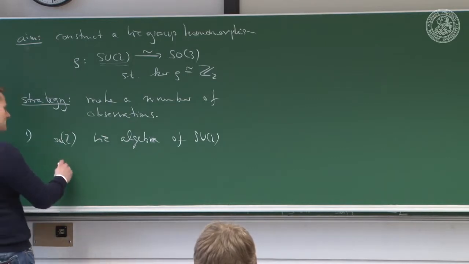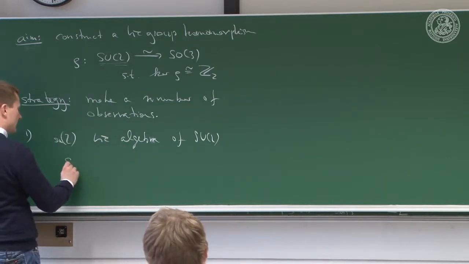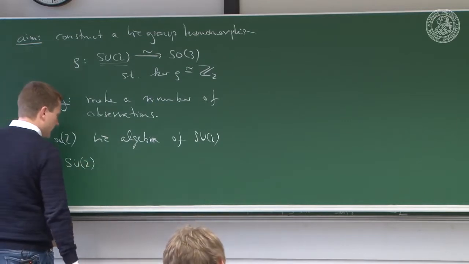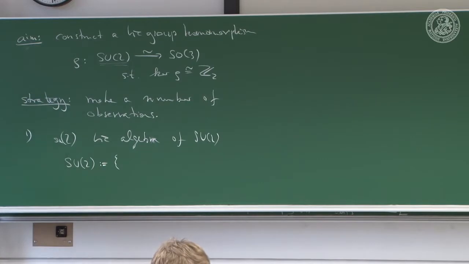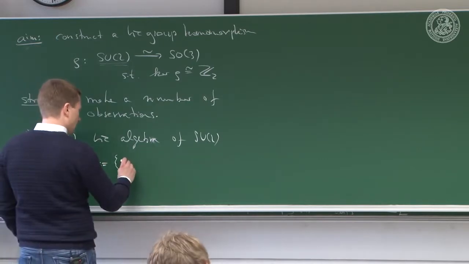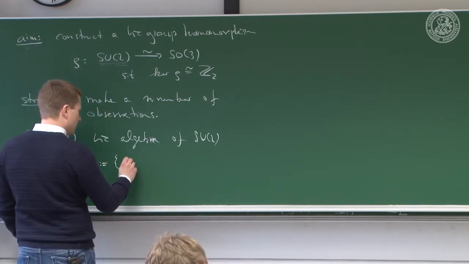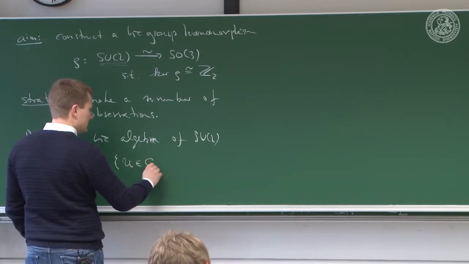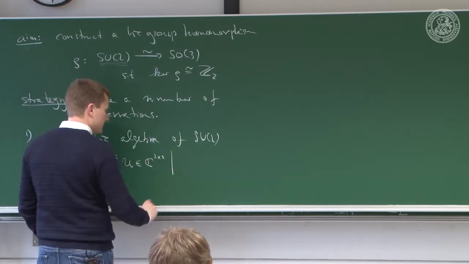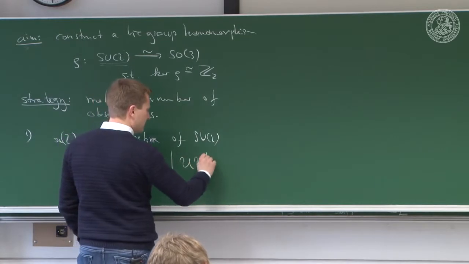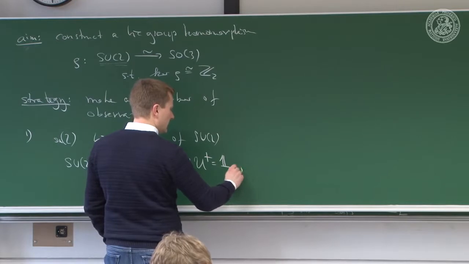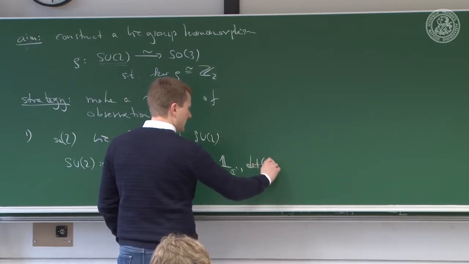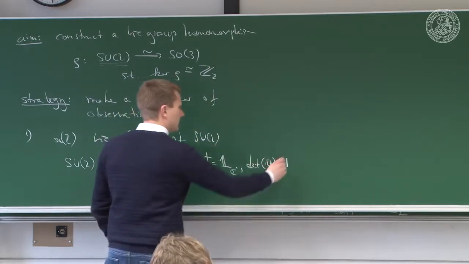So we say SU2, let's get a definition of SU2. Well, we start with some matrix definition. SU2 contains all those U's that are complex 2 by 2 matrices, such that U dagger U is the identity on C2, and such that the determinant of U is 1, right?